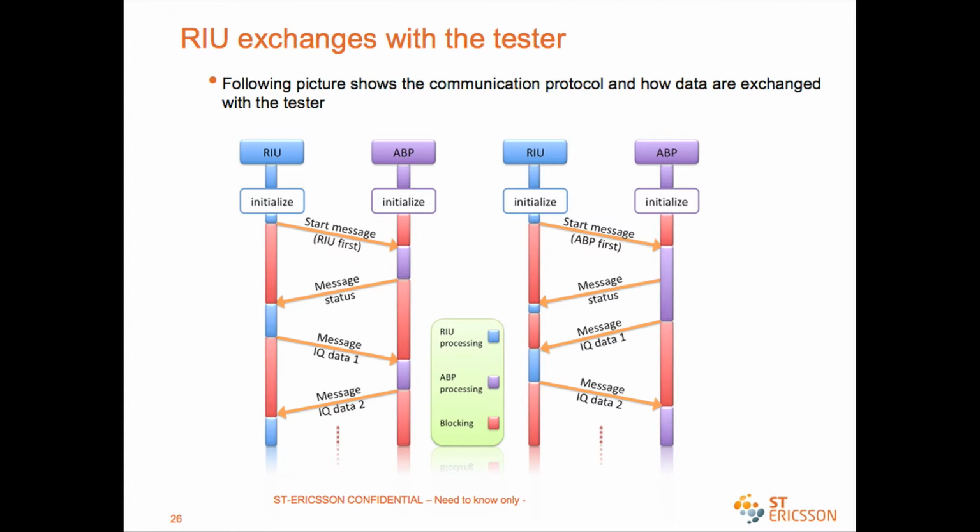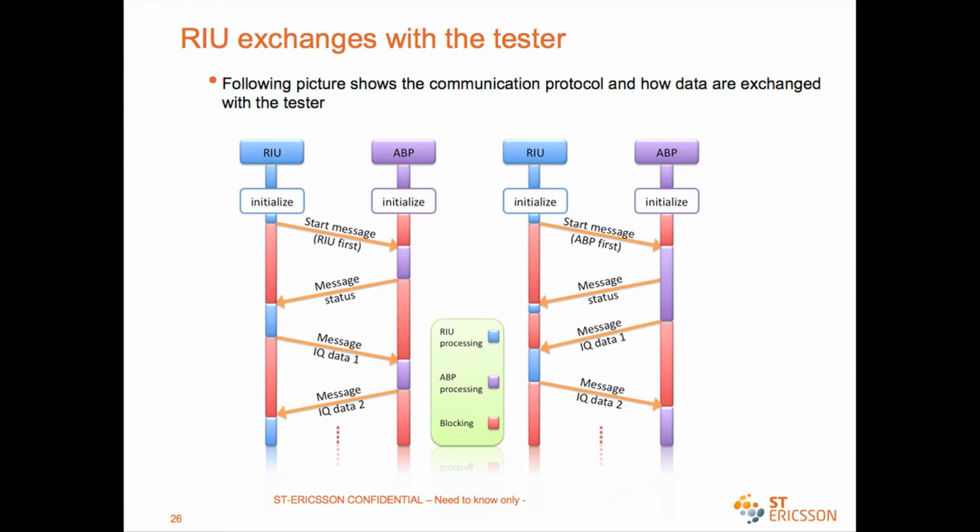So you decide at the beginning if the virtual platform will send first data to the tester or if it is the opposite. So you have some initialization phase, where you will decide which one is sending first, how many data you will receive in each packet.